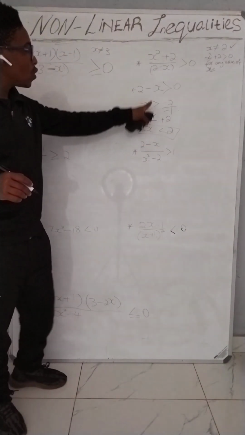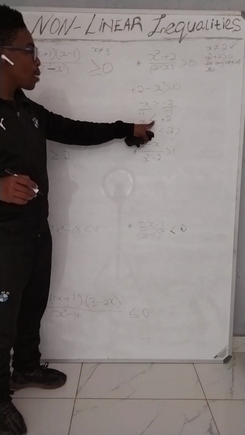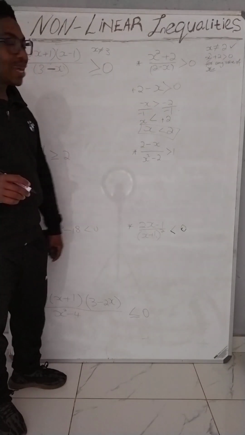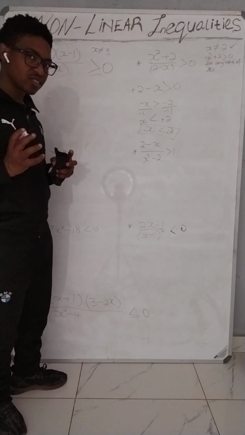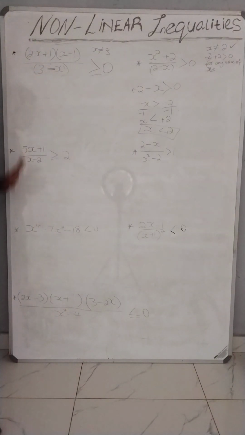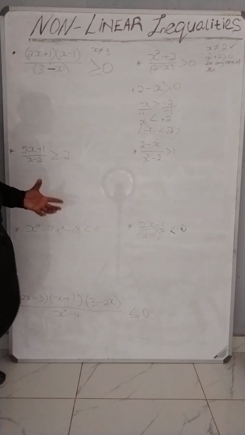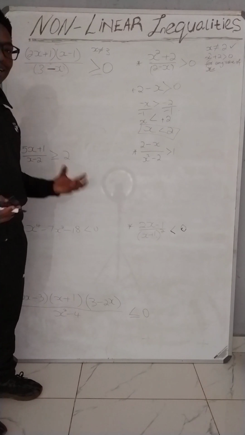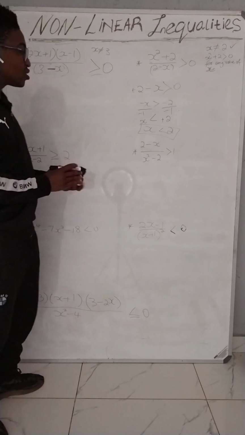The sign only changed from here to there because we divided by a negative. Remember I said each and every problem here presents a different challenge and a different angle, and it reveals a different lesson. So this is one of those.